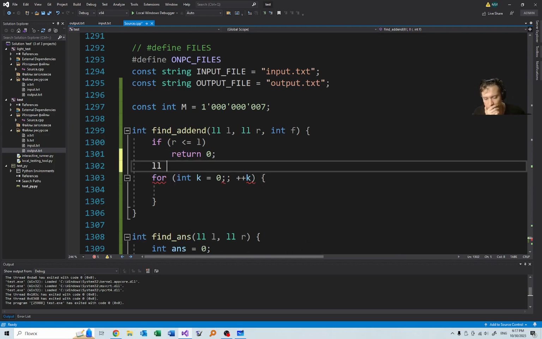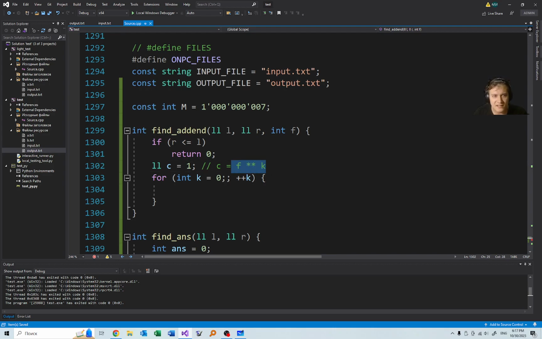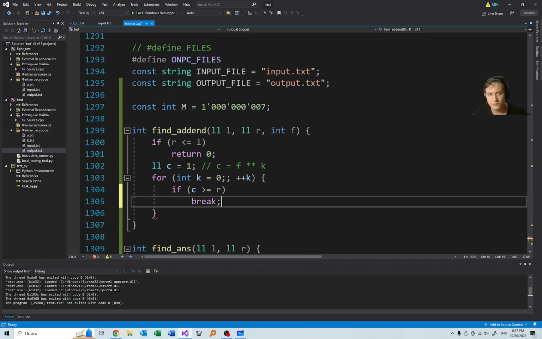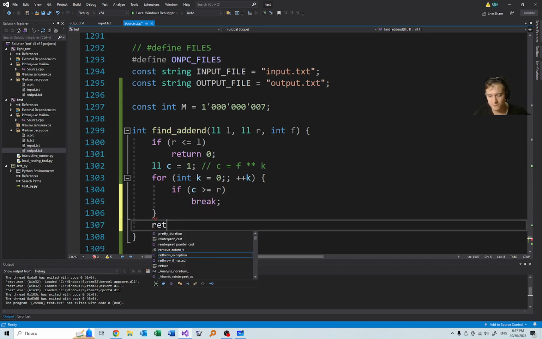Current power should be 1. So C is f to the power k. It looks like a not nice word, but still it's just f to the power k. So first of all, if C is at least R, then we can stop and return answer.